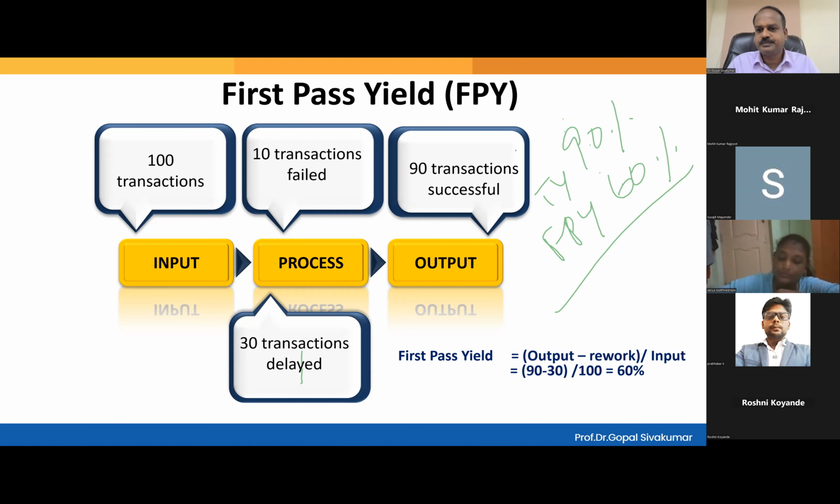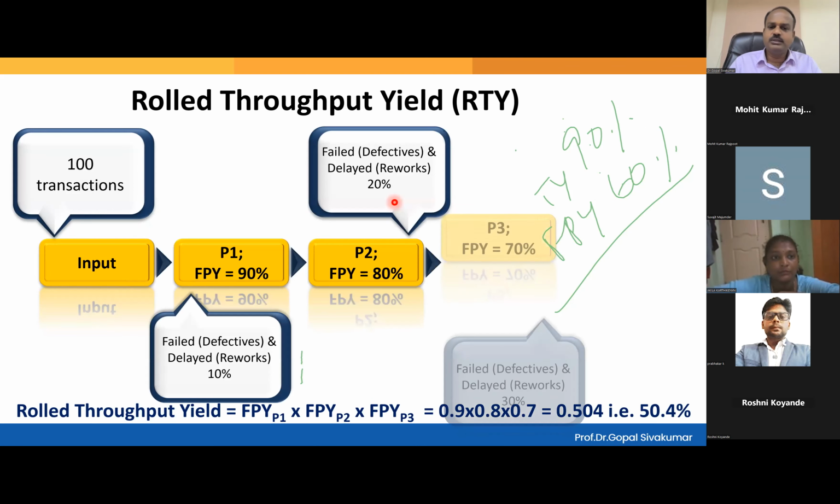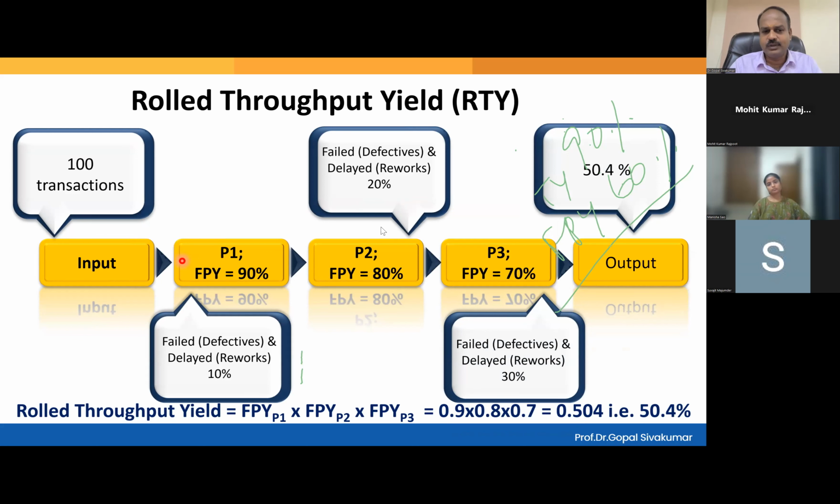So we move on. Now the third tool, rolled throughput yield. When should you use it? Whenever your processes are linked, whenever your processes are happening in sequence. Most of the time, they go in sequence.